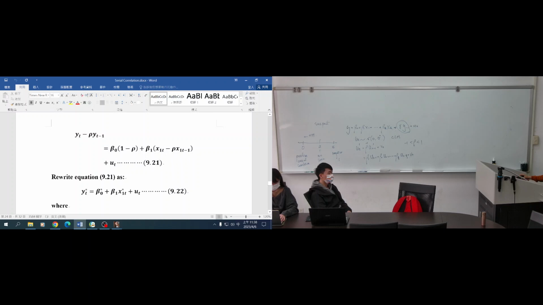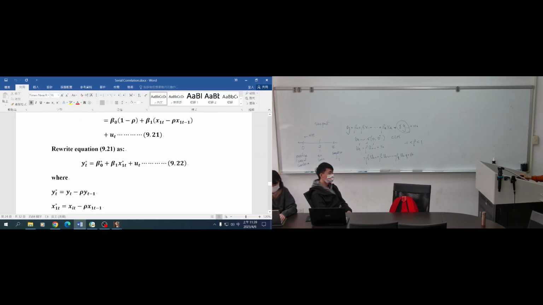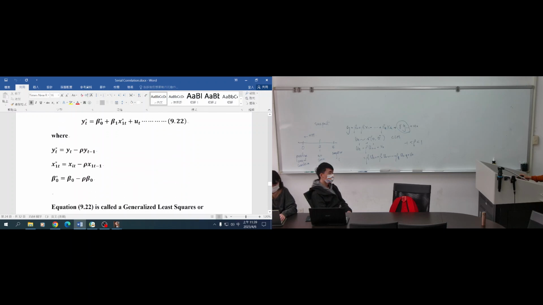This is equal to this, and beta 0 star is this term, and beta 1 is like this, all terms in u t. So 9.22 meets the requirements of the classical linear model, and we do OLS. This is the idea of generalized least squares methods.